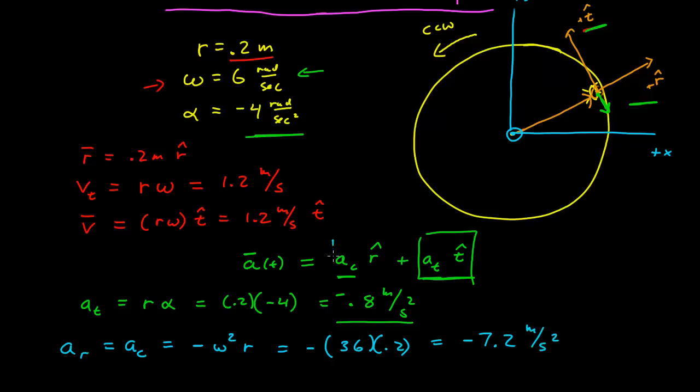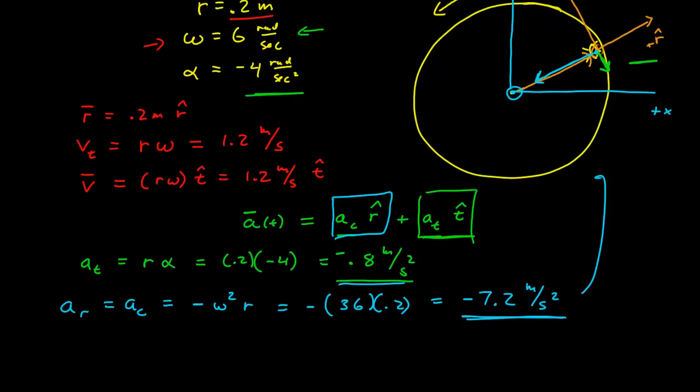That's the component along the radial axis. If I were to draw that, it would be a vector much longer than our other vector, about a factor of 9 longer than the tangential component, and it points in the negative r hat direction. So that's the centripetal component of the acceleration.